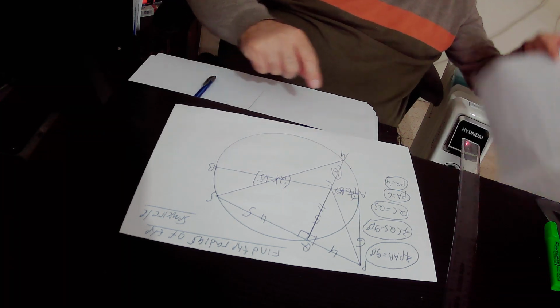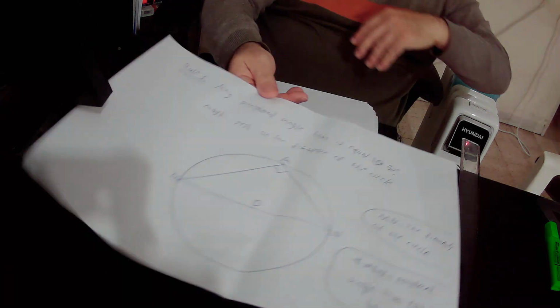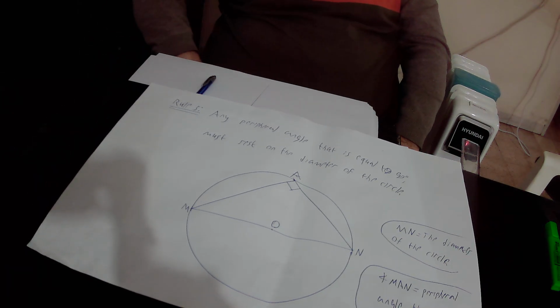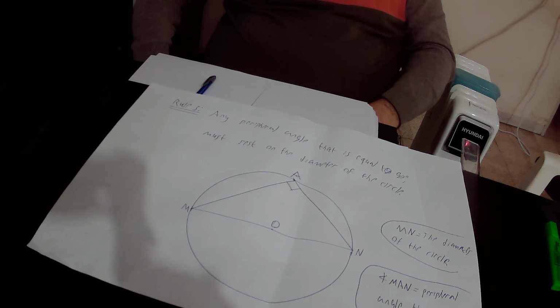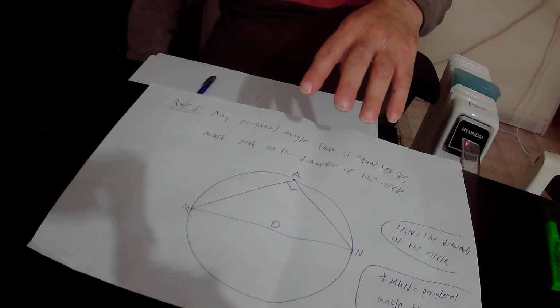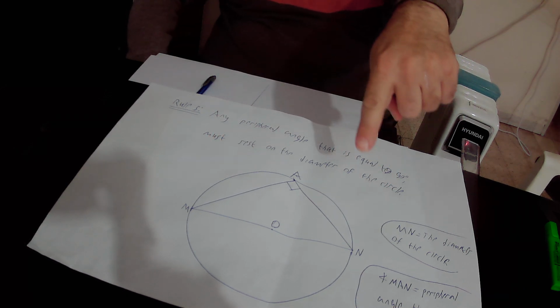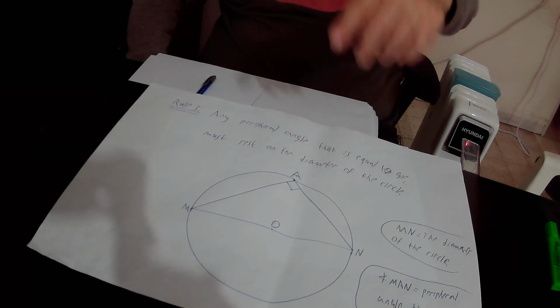I repeat again on rule number 5. According to rule number 5, any peripheral angle that is equal to 90 degrees must rest on the diameter of the circle. Here, inside this circle, we have peripheral angle MAN that is equal to 90 degrees.